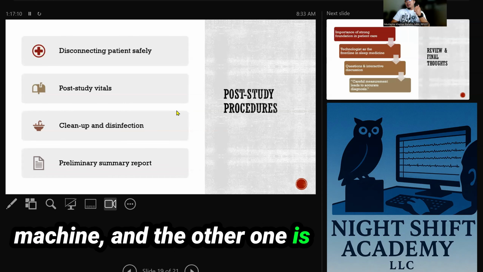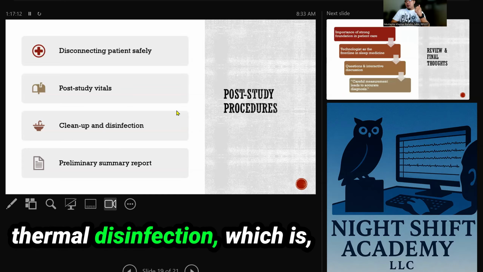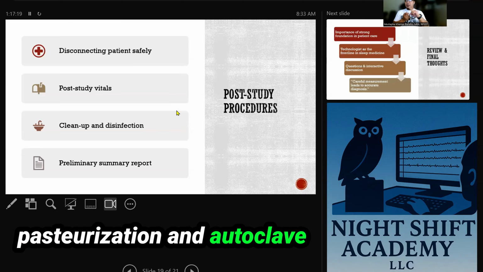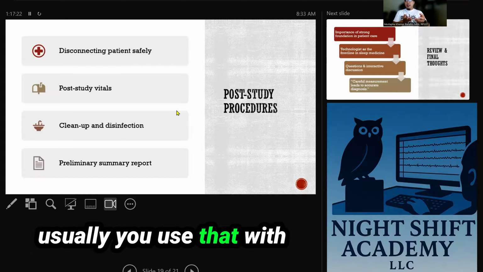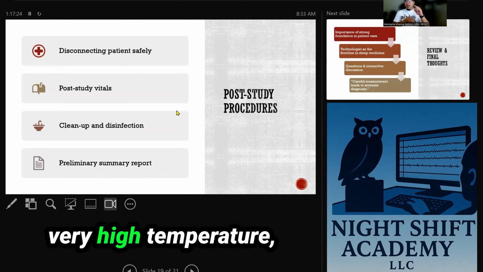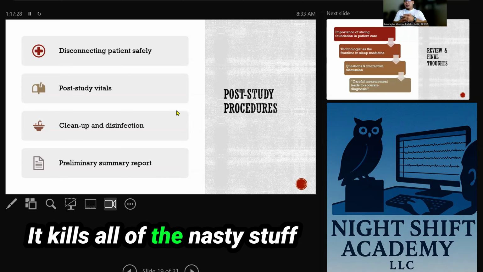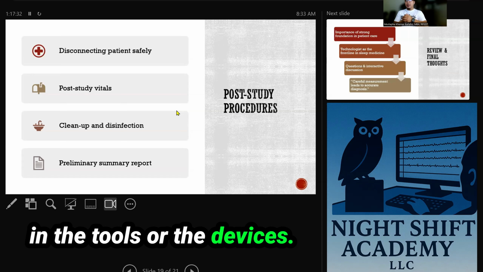And the other one is thermal disinfection, which is pasteurization and autoclave. Usually you use that with surgical instruments, very high temperature, but very short time. It kills all of the nasty stuff in the tools or the devices.